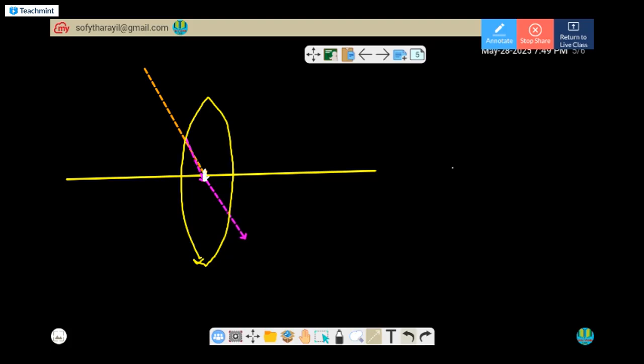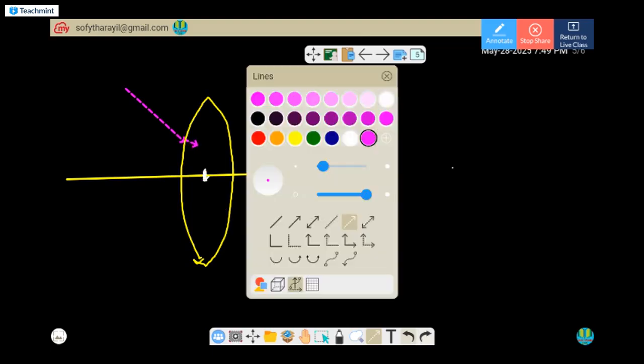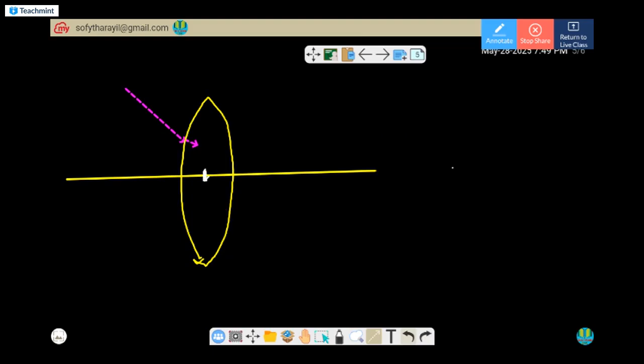If you want multiple lines shown, a very slight deviation we will try to show, and it should have actually gone through the optical center.